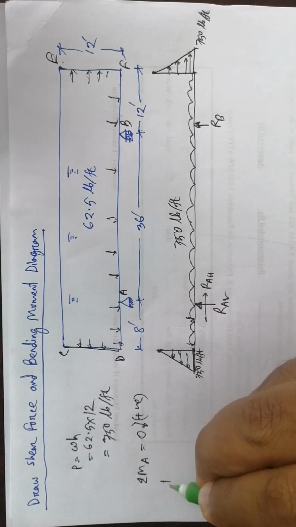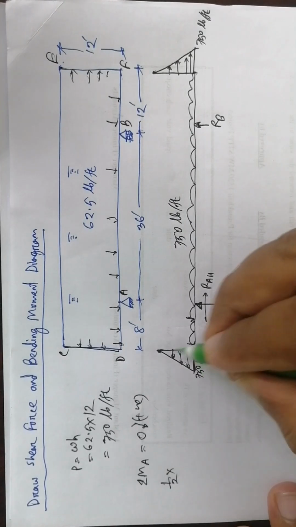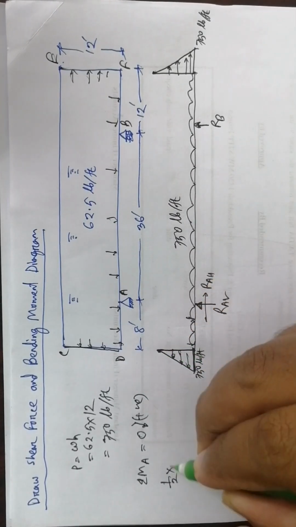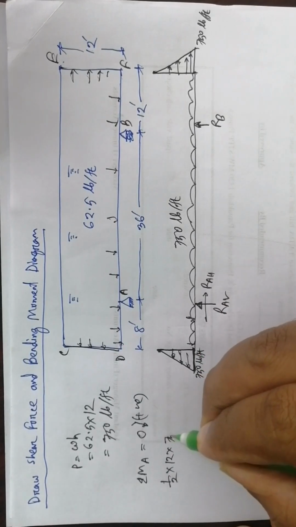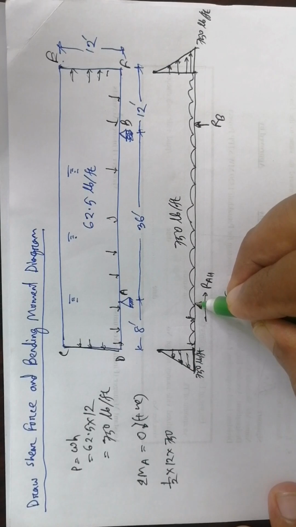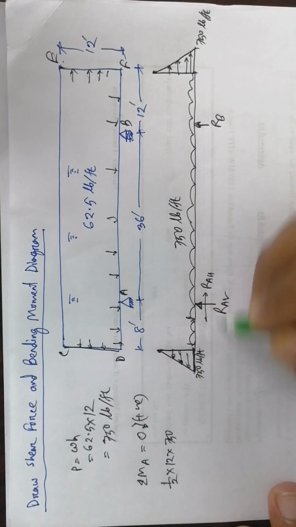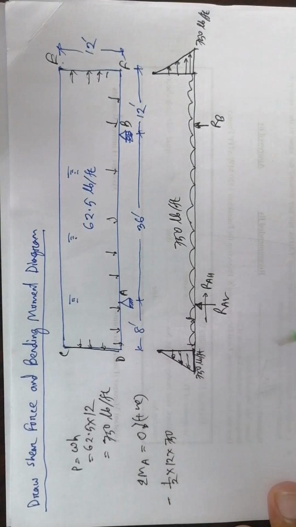This is half into the base, this 12, and the height 750, and this is acting in this direction. So for this point, this is anti-clockwise. So clockwise positive, anti-clockwise negative.